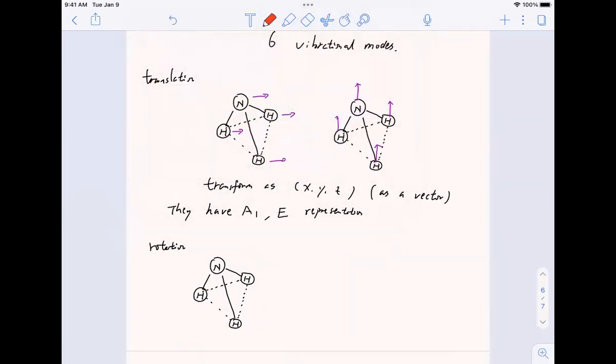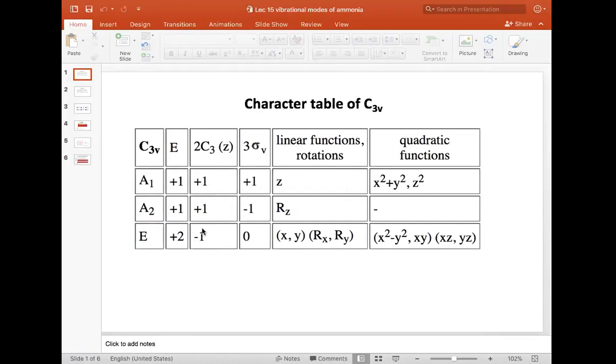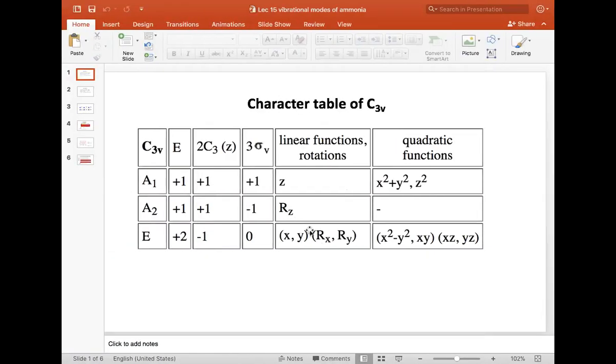In the table, these are Rz, Rx, and Ry, the rotations along the Z-axis and along the X and Y axes. If there's a rotation along the Z-axis, then it is the A2 representation. If it is a rotation along the X or Y axis, it will be the E representation.